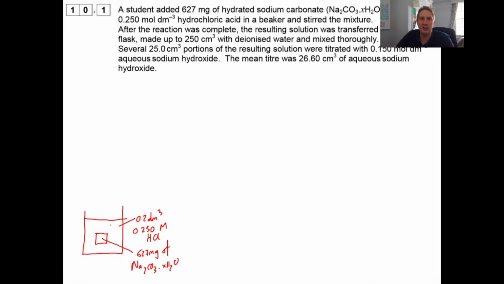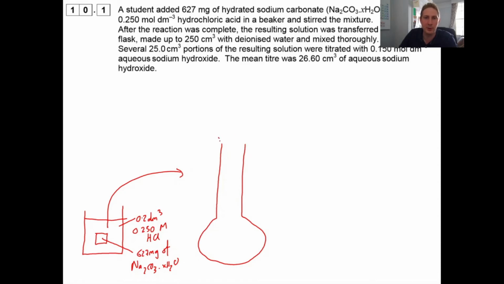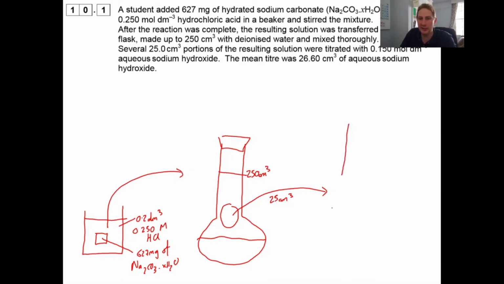Now, once that reaction is complete, we've taken that solution and we've put it into a big volumetric flask. And then we've made it up to 250 centimeters cubed with water. We've mixed it thoroughly. We've then taken a 25 centimeter cubed portion of that final solution and we've done a titration.